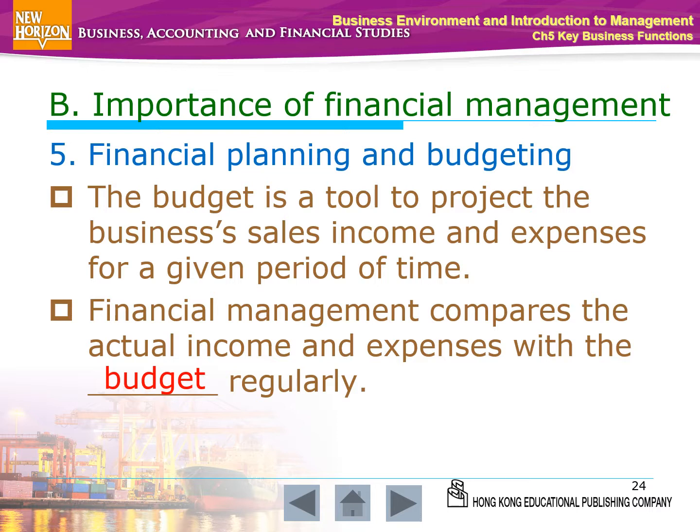That means the financial manager will study the reports from different branches, say, for example, G2000. They will collect reports from different branches about the sales and expenses that have been incurred, to compare with the budget regularly to see if the goals of the sales volume can be accomplished at the end of the year.